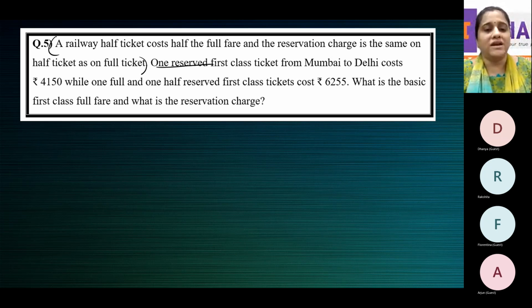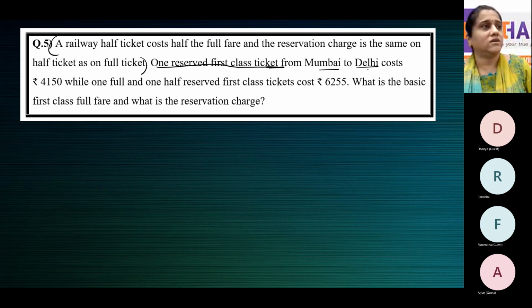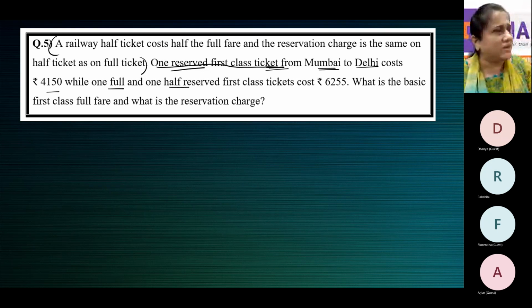Now, one reserved first class ticket, only one reserved first class ticket from Mumbai to Delhi. Only one ticket, okay? So one reserved first class ticket from Mumbai to Delhi costs 4150, while one full and one half. So when they say one reserved, meaning one full only. Now you'll ask me, one reserved, is it one full or one half?